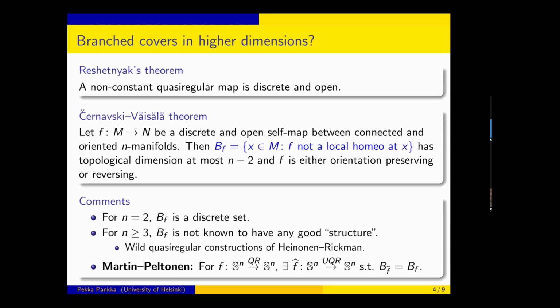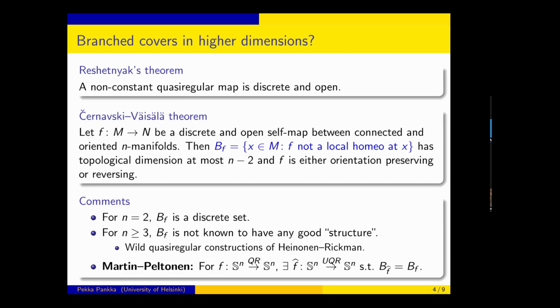But starting from dimension 3, practically the structure of the branch set is not known, and I think the situation is pretty much the same now as it was during the time of Heinonen's ICM paper, I think 2002, if I remember correctly. In his ICM paper he wrote several questions about the structure of the branch set, and I don't think any of those has been answered.